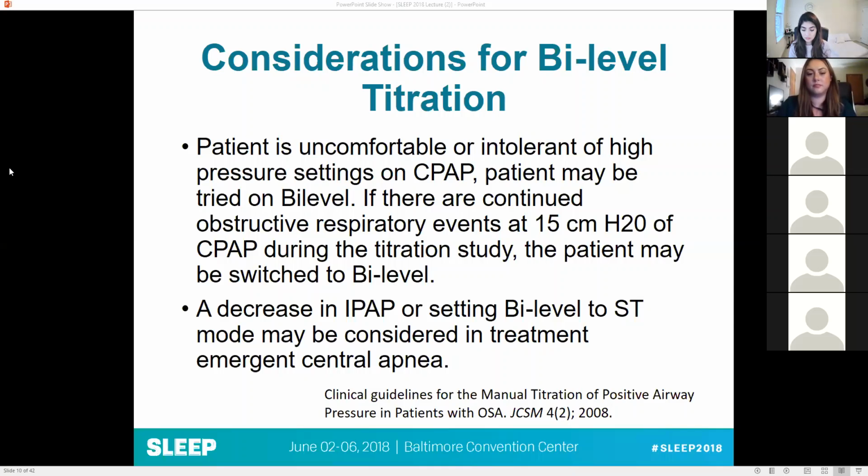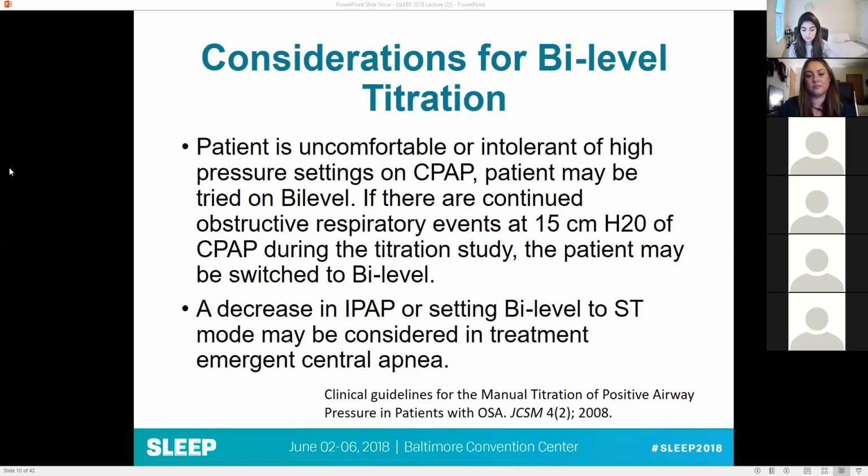One is if patients get over titrated, the pressure is actually made too high, you can induce central apnea through a number of mechanisms. One's glottic braking and one's increased, more efficient CO2 removal, blowing their CO2 down below their apneic threshold. So we see that fairly commonly.